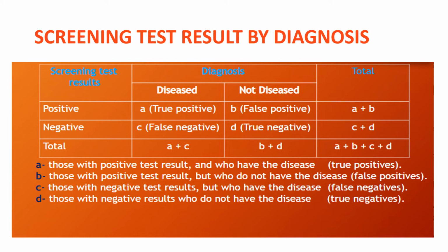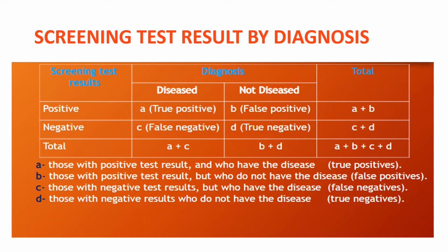That is, they are the true positive cases. Now come to B. B are those who are actually not diseased, but they tested positive in the screening test. That is, they are the false positive cases.